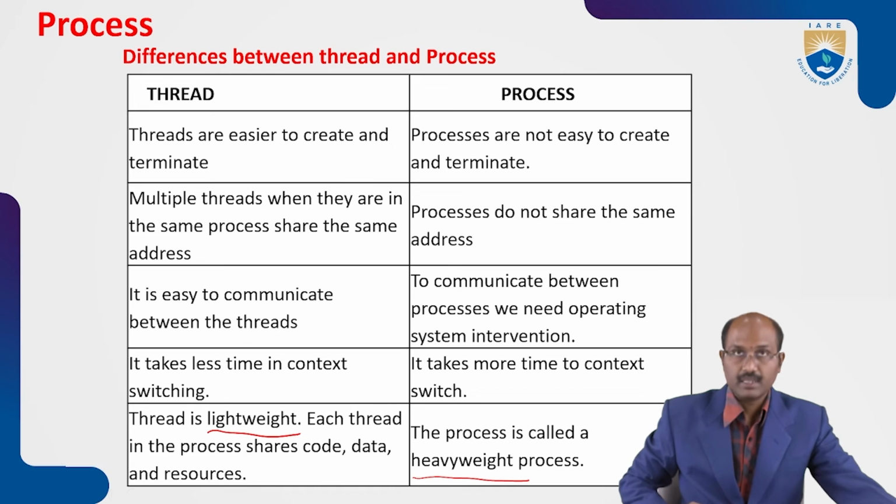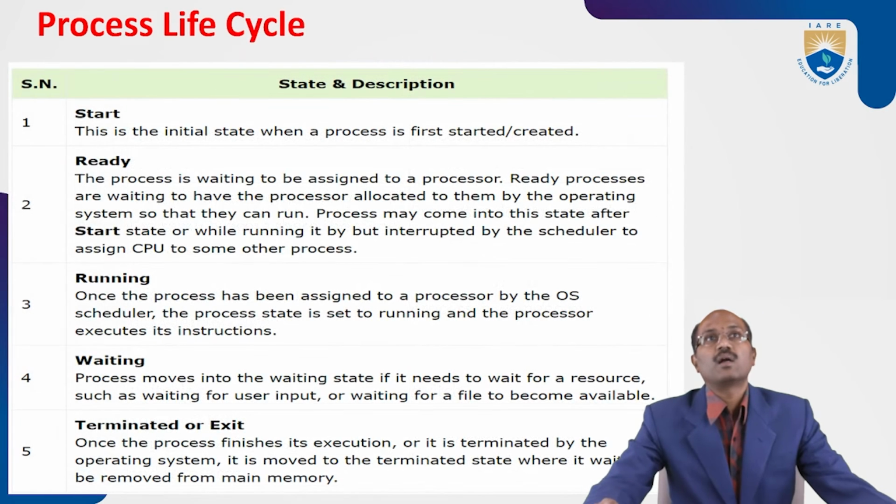Okay, next slide. Coming to this table, the life cycle of a process. A process has states like start state, ready state, running state, waiting state and terminate state, which is also called exit state. The start state is the initial state when a process is first started or created.